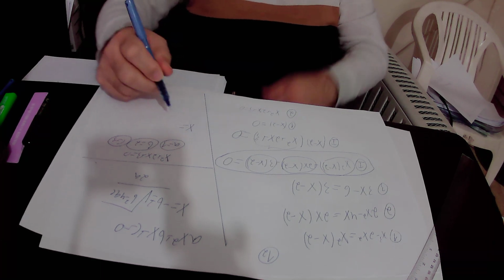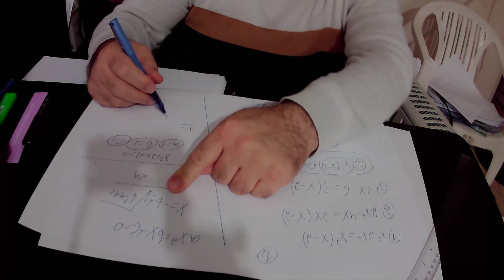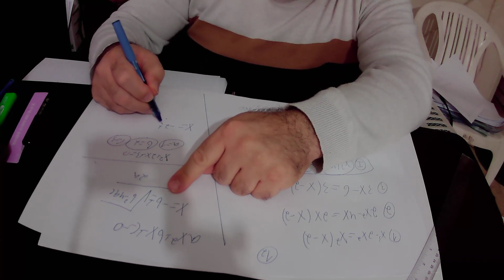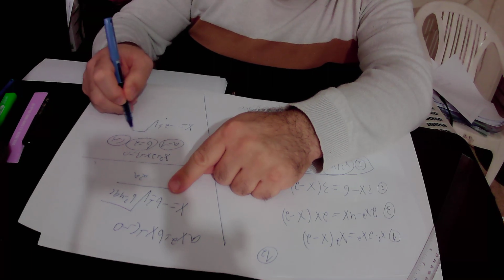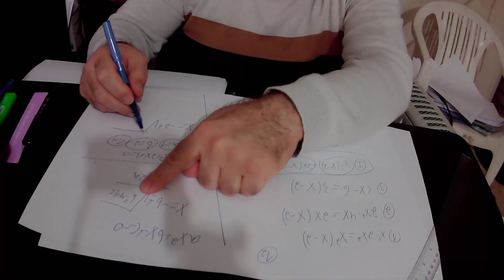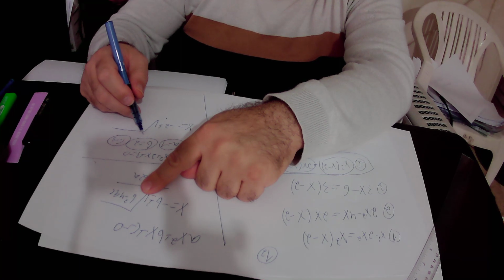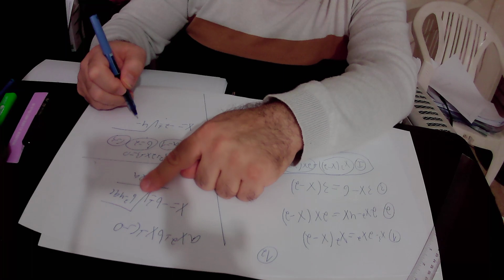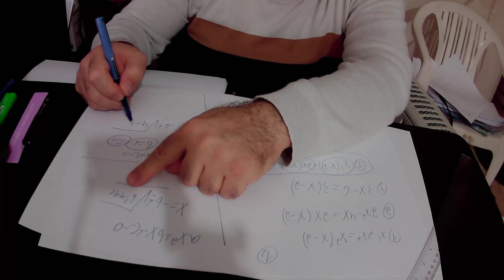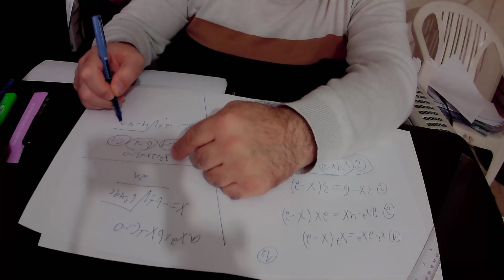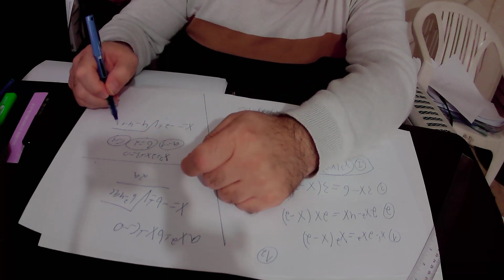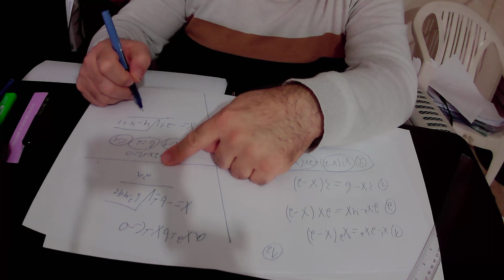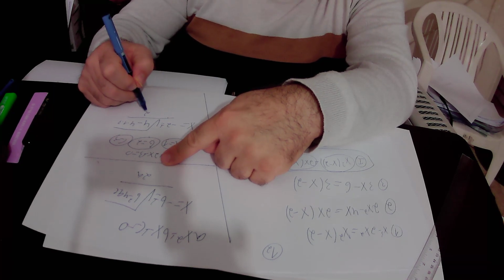So we will get that x equals minus b, and b equals 2, so minus b will be equal to minus 2, plus or minus the square root of b squared. b equals 2, therefore b squared will be equal to 2 squared. 2 squared is 4, minus 4 times a, which is 1, times c, which is 3, over 2 times a, which is 1, so 2 times 1 is 2.